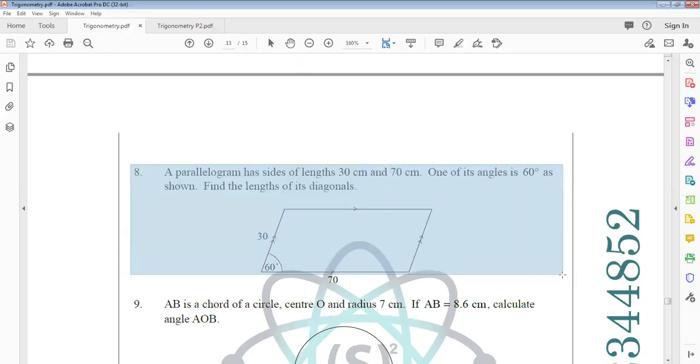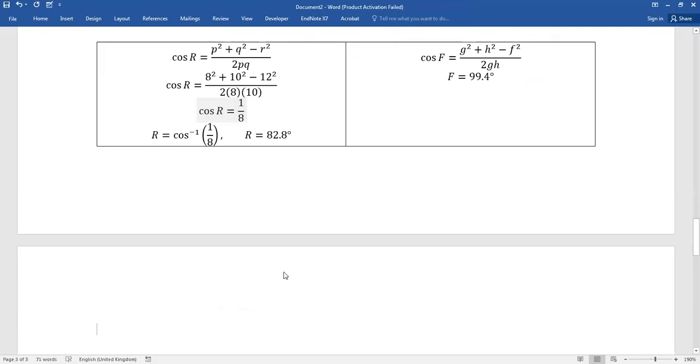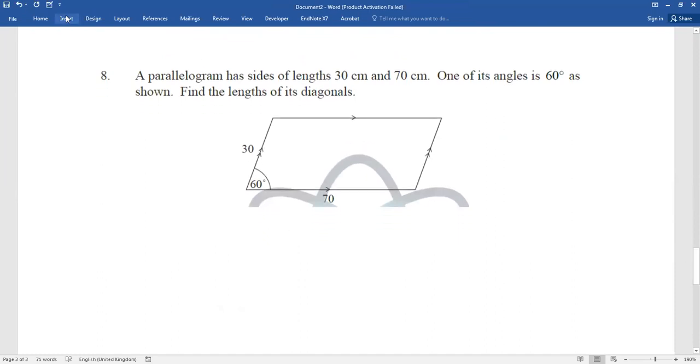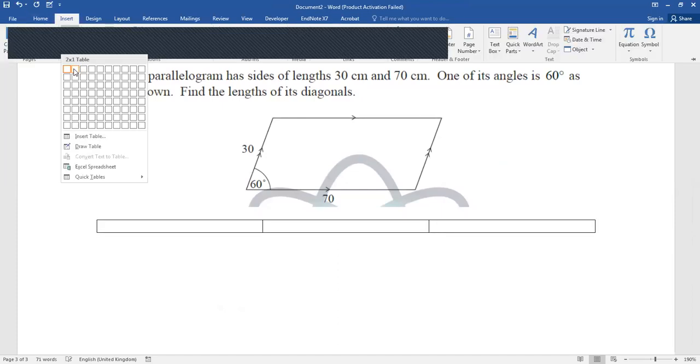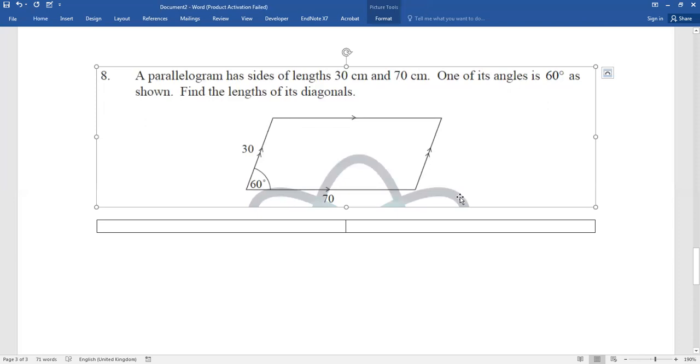Yes. And let's just try to do some other problems involving sine and cosine. Okay, class. Now, how do I find the length of its diagonals? One of the angles given is 60 degrees, and this is a parallelogram.